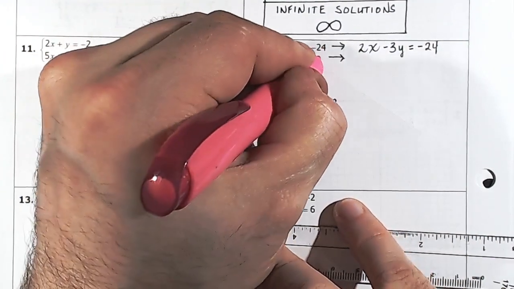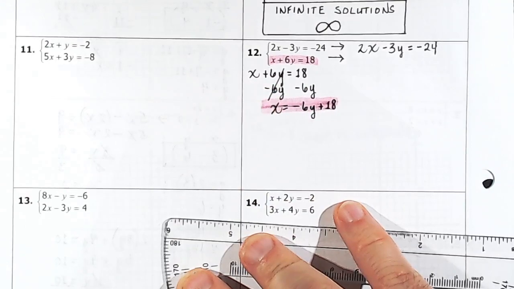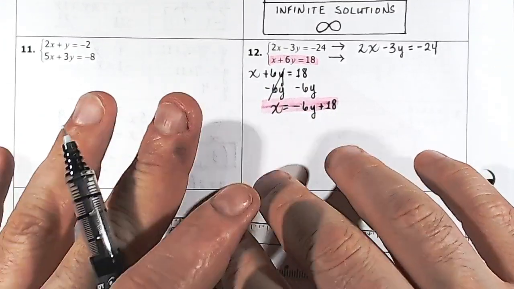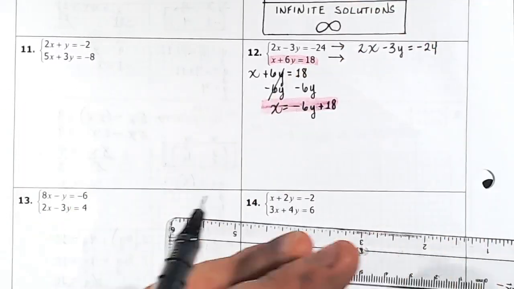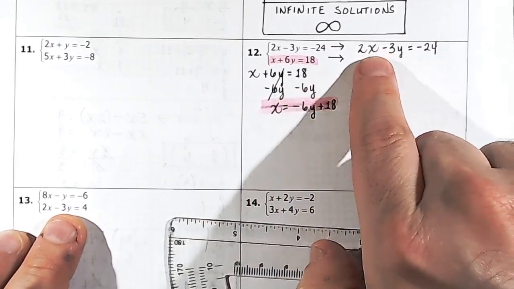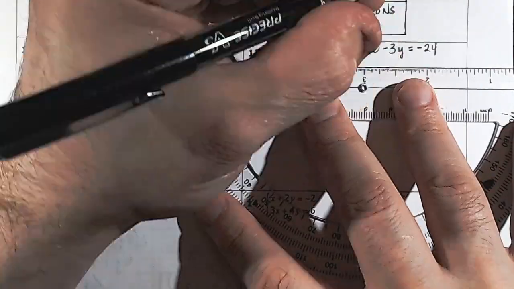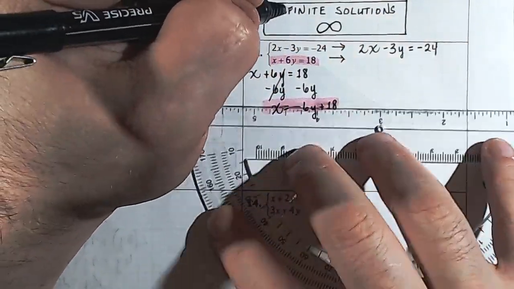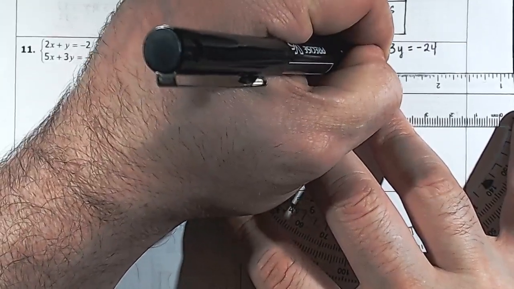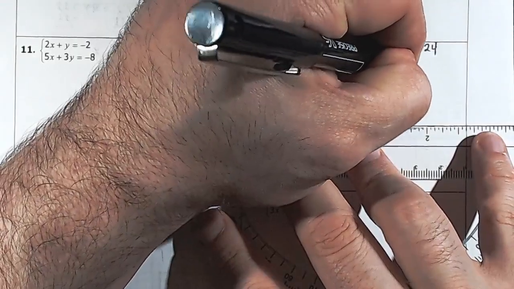Remember, this is exactly the same thing as this. They're identical, right? We've moved the furniture around, all right? Otherwise, they're the same. So instead of x plus 6y equals 18, we're going to write x equals negative 6y plus 18.